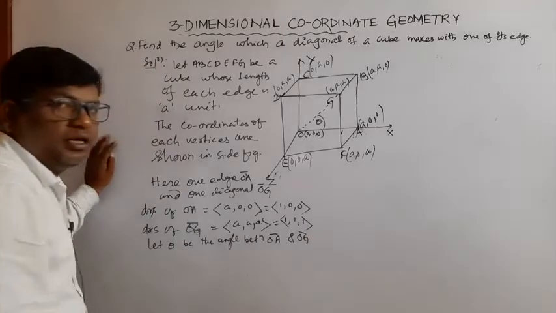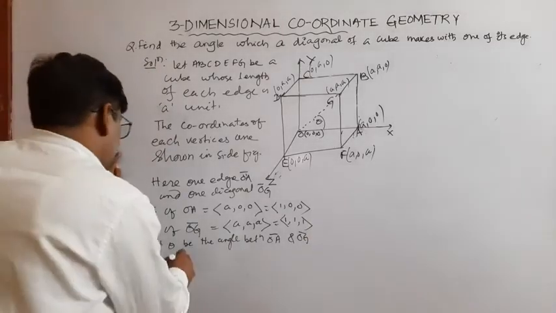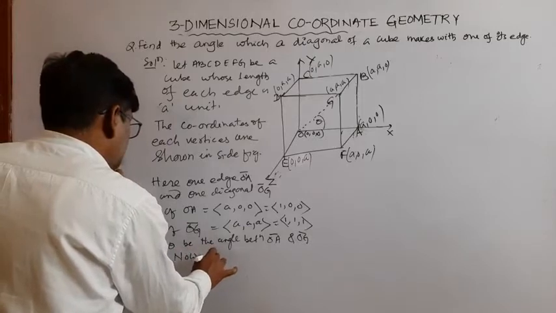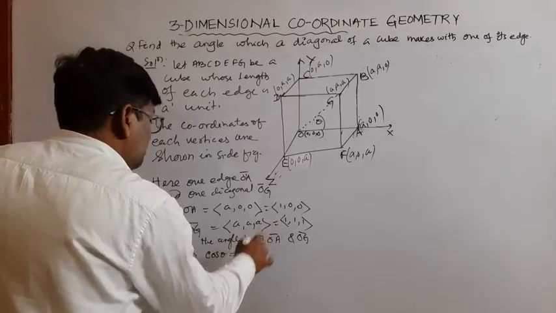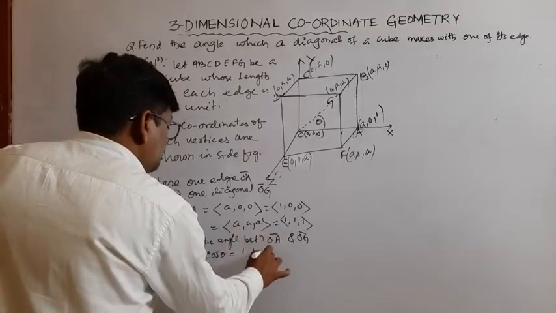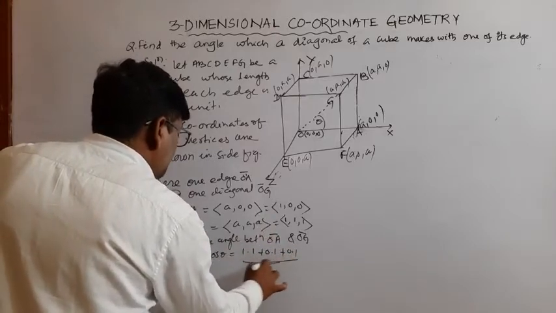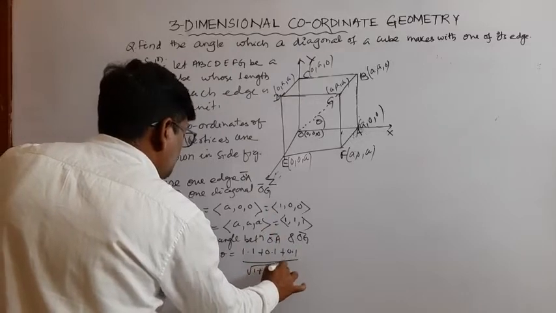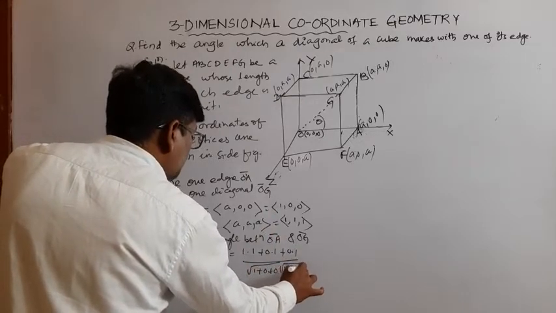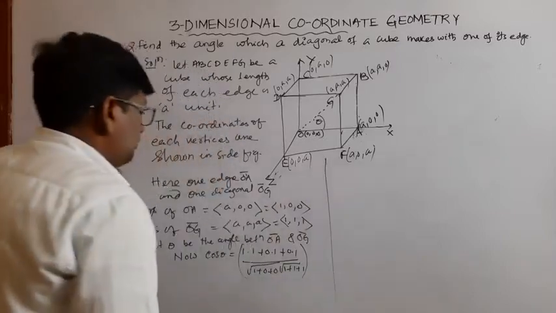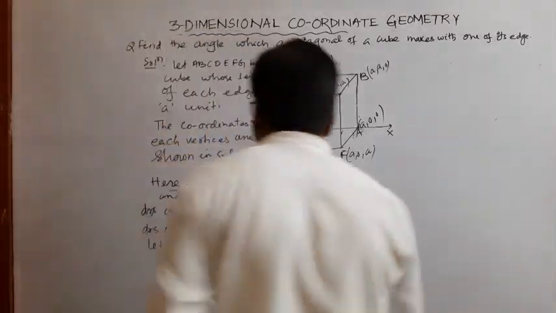Now cos theta is equal to 1 into 1 plus 0 into 1 plus 0 into 1, divided by root over 1 plus 0 plus 0, times root over 1 plus 1 plus 1.